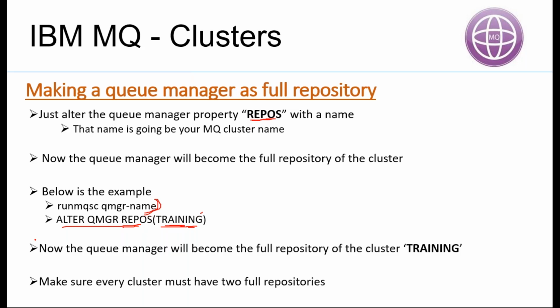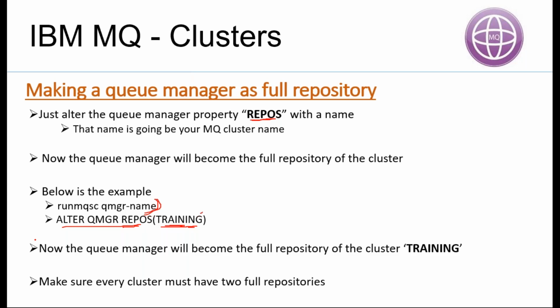Okay, so make sure every cluster has two full repositories. IBM always recommends, when you are designing or architecting a cluster, that two full repositories are there. Because if you create a cluster with only one full repository and that full repository is down, that's it, your cluster will be inaccessible.